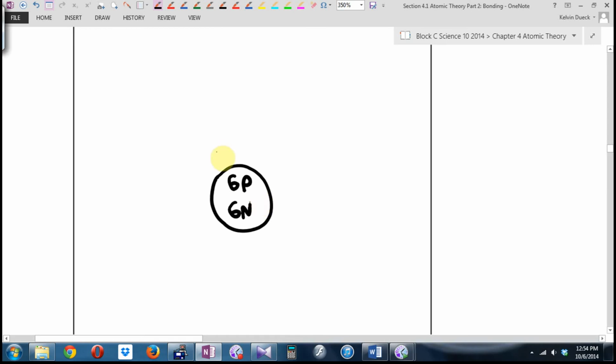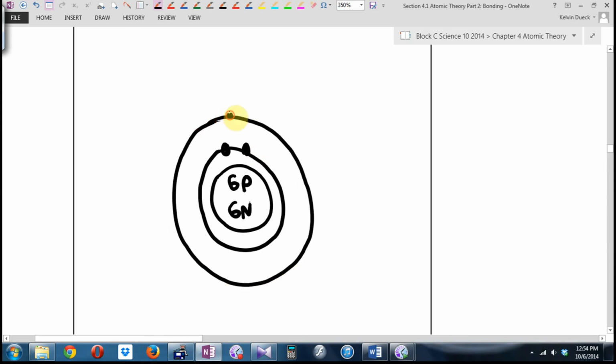Row 2. So it's got a full inner shell already. Boom, boom. How many electrons does it have in its outer shell? So it's going to look like this. One on the top, one on the right, one on the bottom, one on the left.